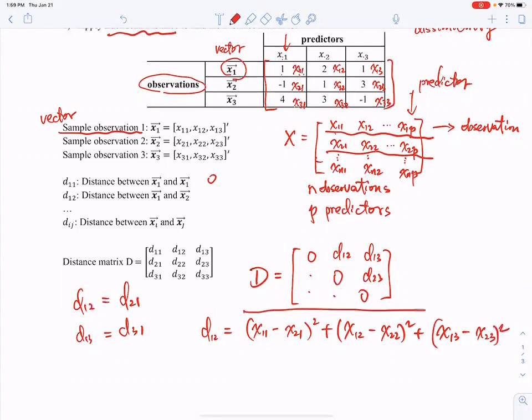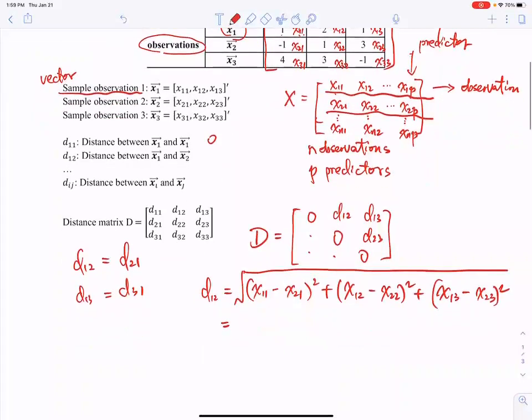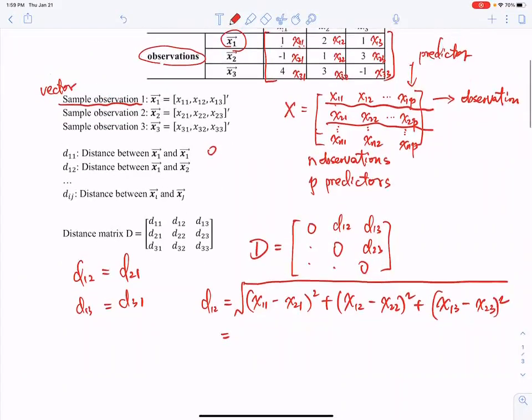And then we take the square root. So this equals 1 minus 1 is 0, squared, plus 2 minus 1 is 1 squared, plus 1 minus 3 is minus 2 squared. Square root, then this equals 3.